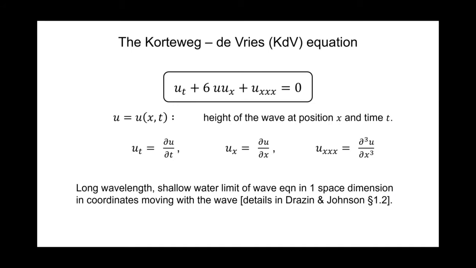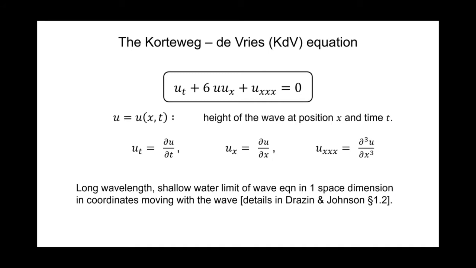It turns out that the KdV equation describes the long wavelength and shallow water limit of the physical wave equation in one space dimension if one chooses a suitable reference frame which moves along with the wave.